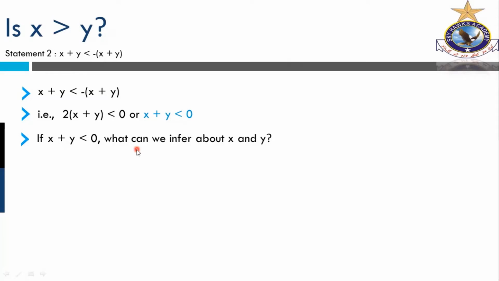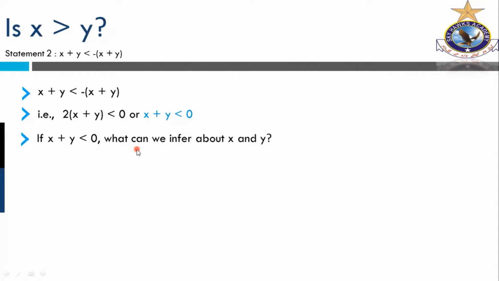Both are negative, or x may be negative because x is the greater one. You are absolutely right that both are negative. The sum of negative numbers is once again negative.